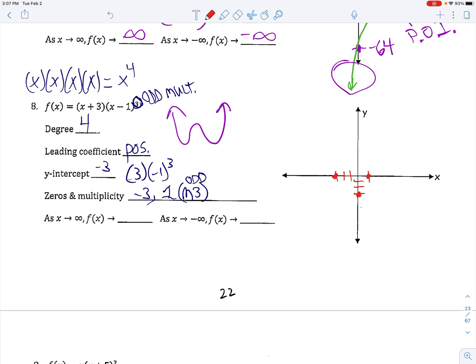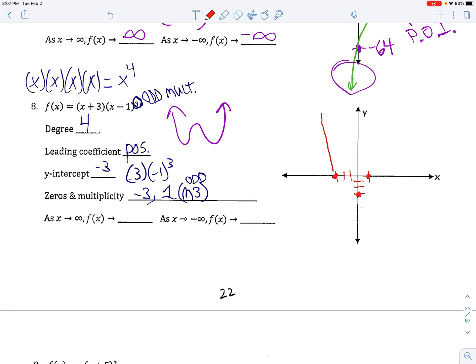The point of inflection is not going to make it look like a standard W as I have drawn there. Like I said, this is the general shape of an x to the 4th.